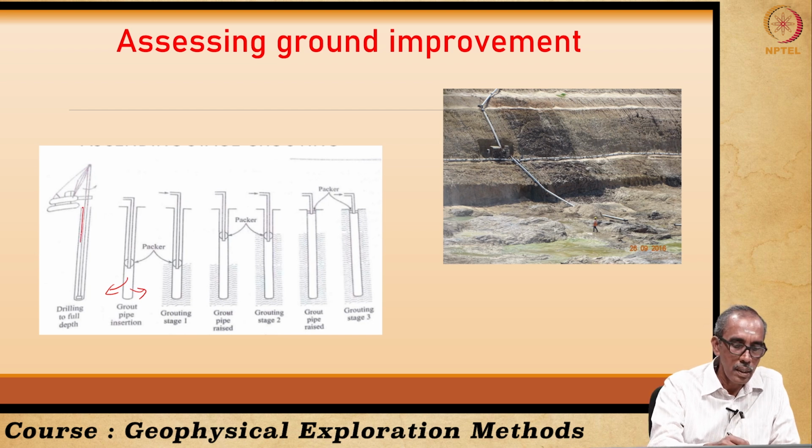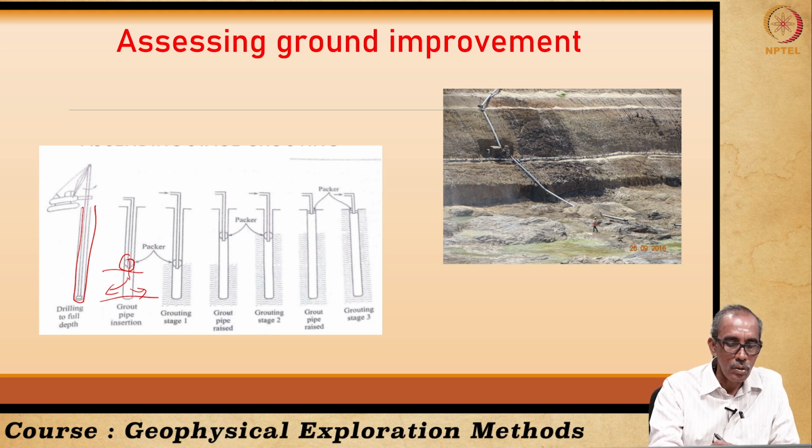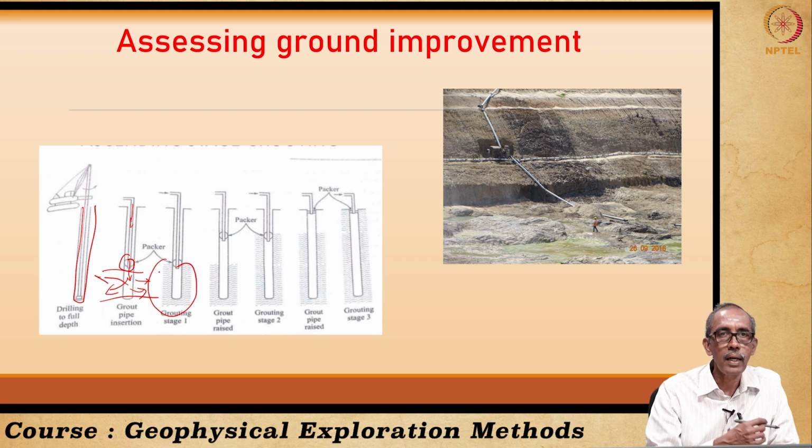We drill the well. Bore well is drilled. Then we use a packer to seal off a particular zone. We use a packer, and through the central annular space, cement is pumped in so that the cement is injected to either side. So this is how we have grouted this region.